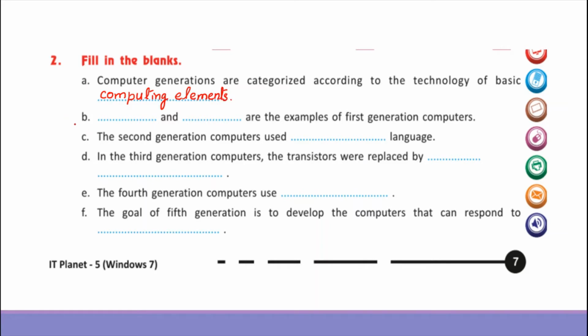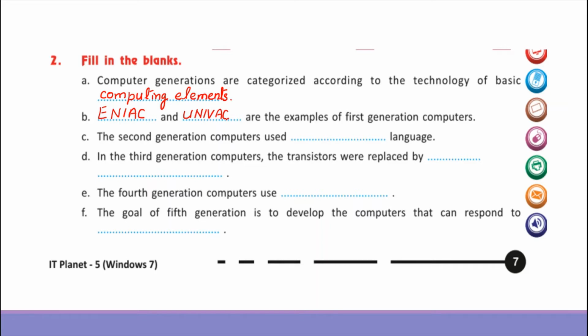B. Dash and dash are the examples of first generation computers. So let's write ENIAC and UNIVAC. ENIAC and UNIVAC are the examples of first generation computers.